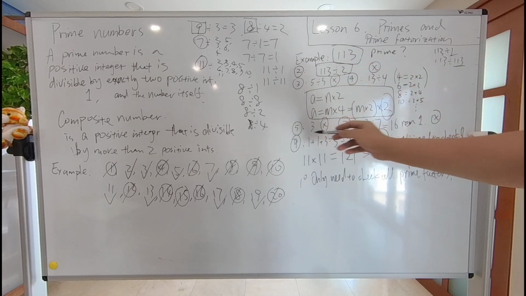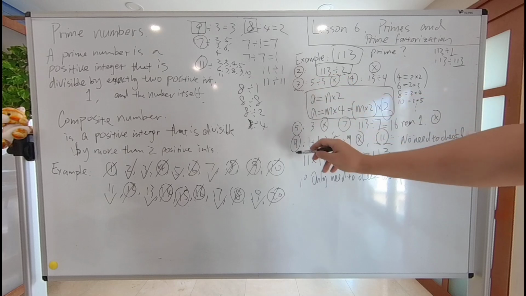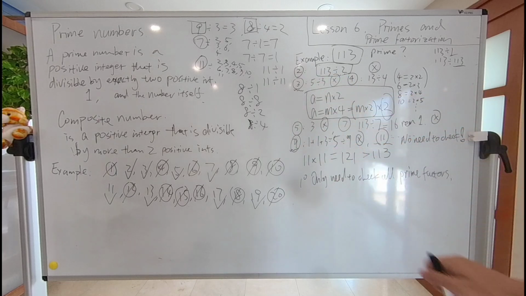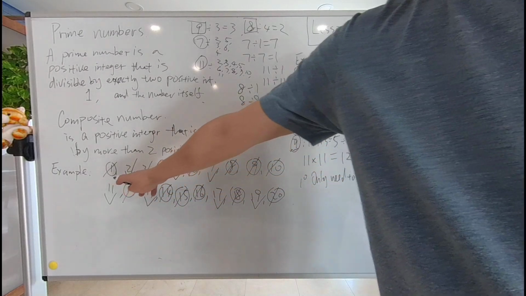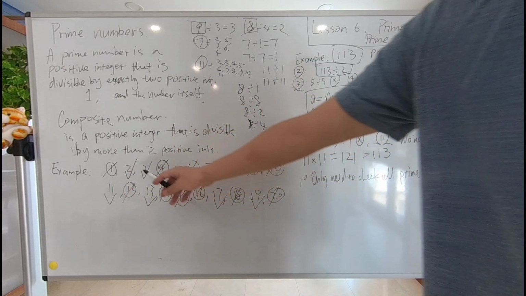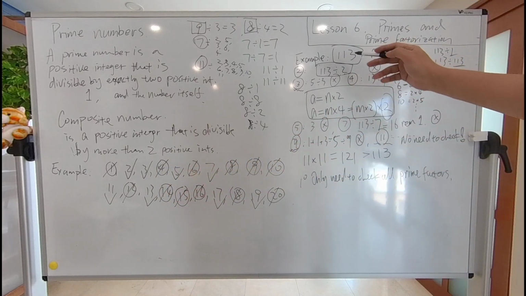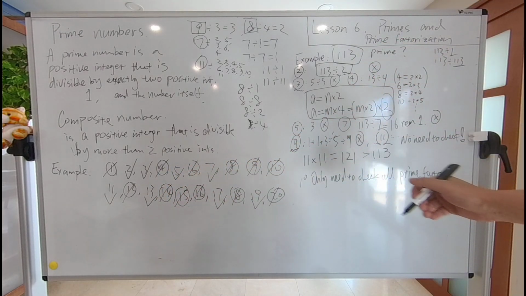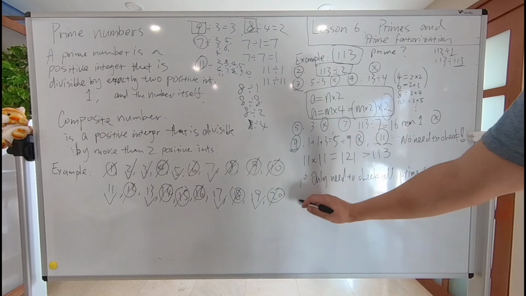I can check 5, I can check 7. In fact, I already checked number 3, so I don't even need to check number 9. So I don't need to go through all these numbers one by one. I only need to go through the prime numbers that are smaller than your target number.